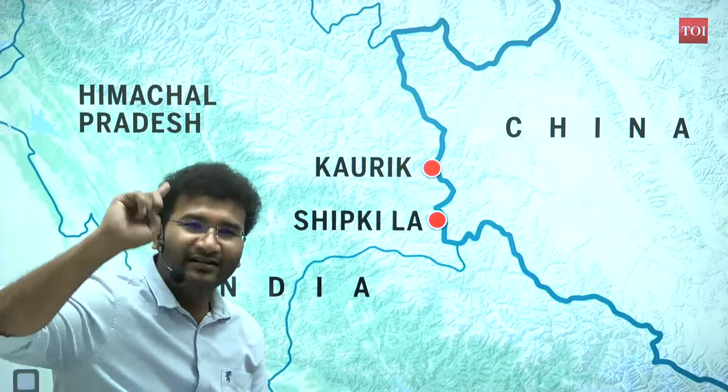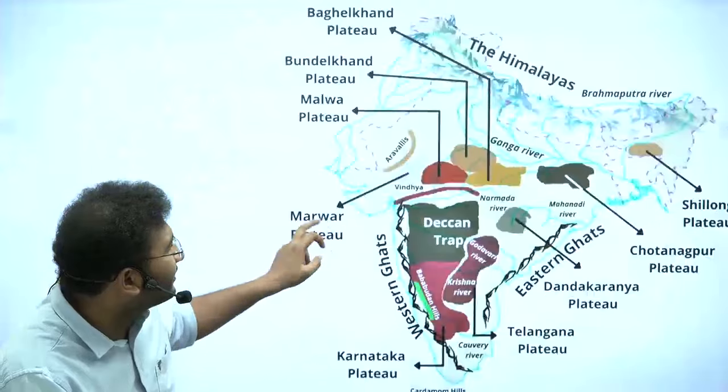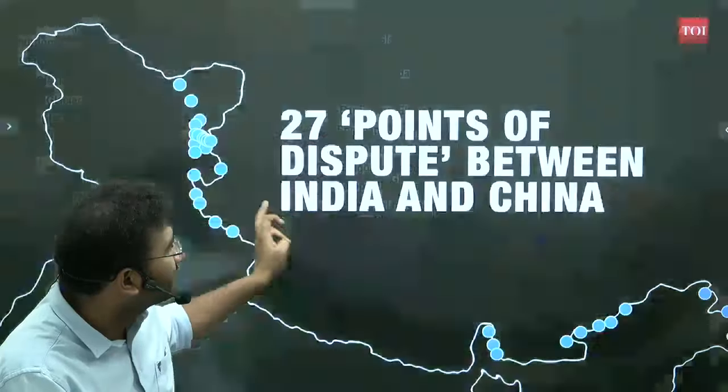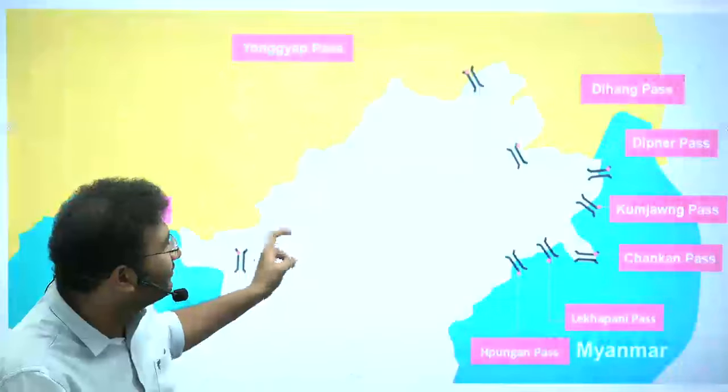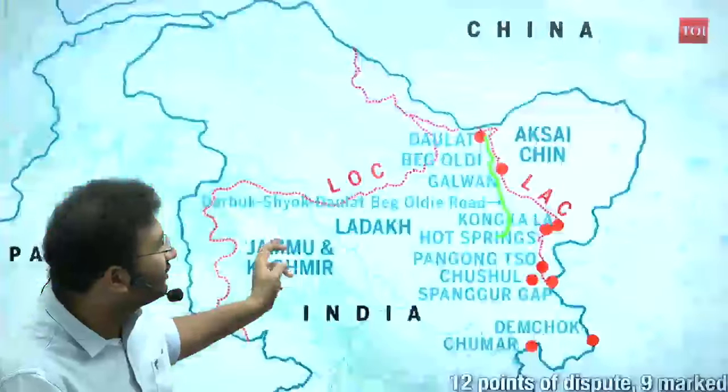Sikkim is also part of the northeast, but it is not part of the seven sisters. Assam is one state which has a boundary with all the other northeastern states. Very interesting aspect of this.